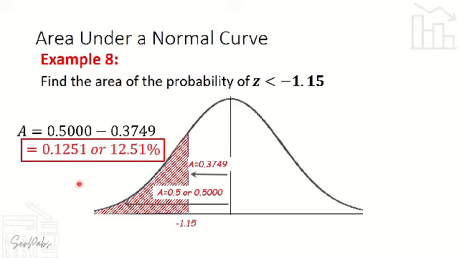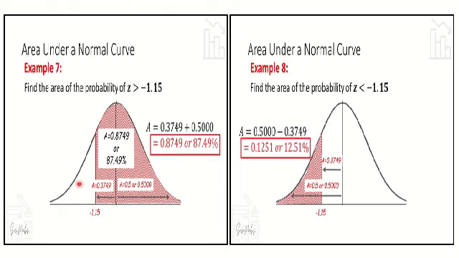If i-compare natin yung example number 7 sa example number 8, yung example number 7, the Z is greater than negative 1.15. Ang sagot natin, 87.49%, lahat ng mas mataas sa negative 1.15. Then yung example number 8 naman natin, Z is less than negative 1.15, lahat naman ng mas mababa sa negative 1.15. That is 12.51%.